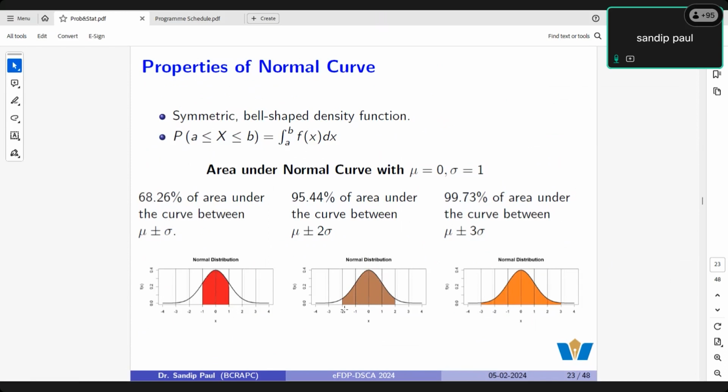Here we found the probability between -2 and 2, and if we consider the entire area as 100%, it takes 95.44% from -2 to 2. Similarly, the area from -3 to 3 is almost 99.73% under this graph, and outside it is very small. So generally we draw the standard normal curve from -4 to 4. After that we ignore it, because it is a very small value and will not affect the results significantly.